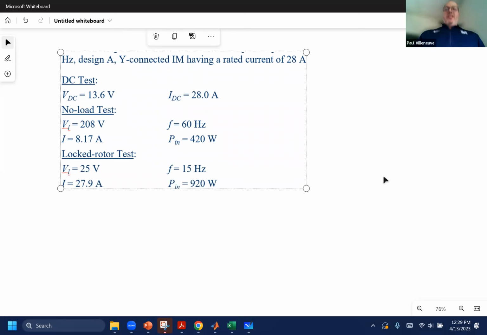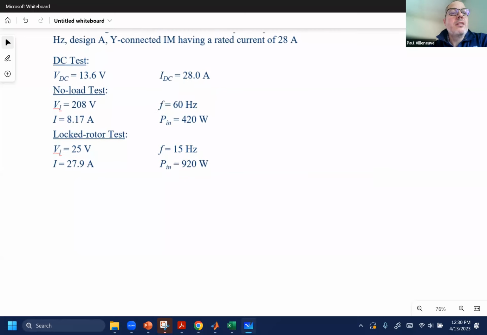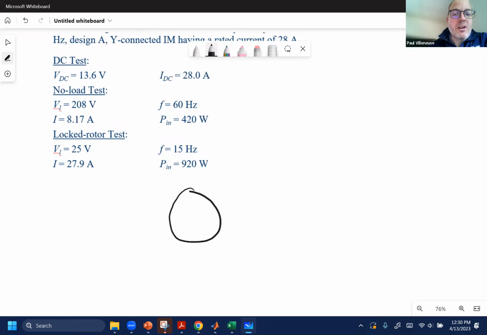So let's start off with the different tests and what is conveyed from each test. First thing is the DC test. And remember, this is a Y-connected machine, so I included that in this copy. In DC land, we're going to show all three windings and only show the elements that aren't shorted out.